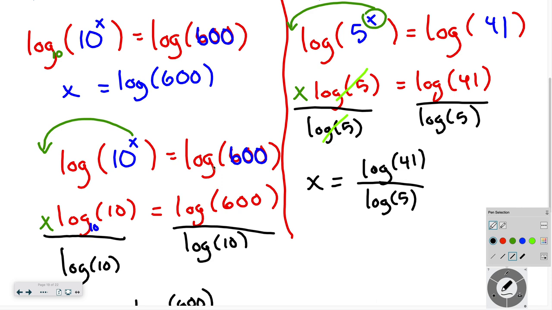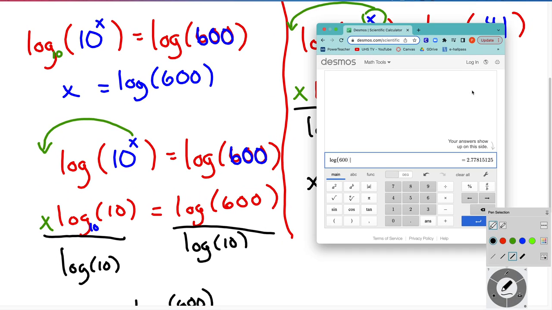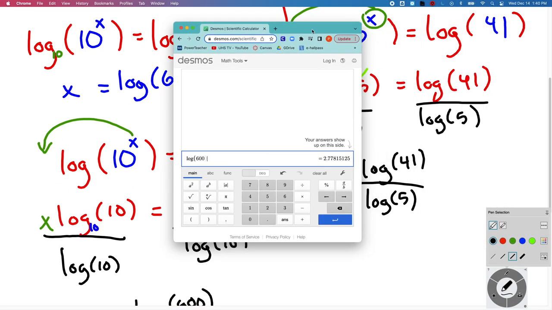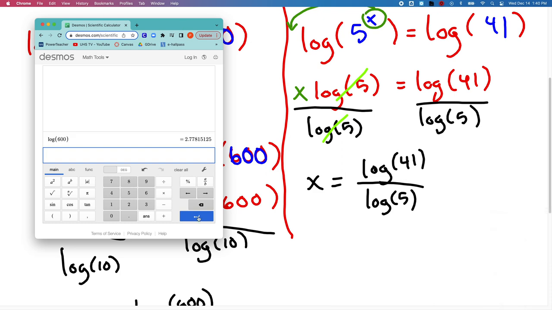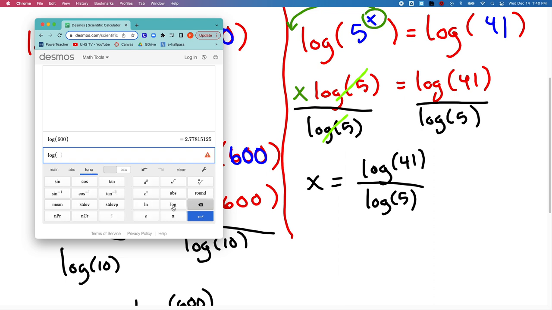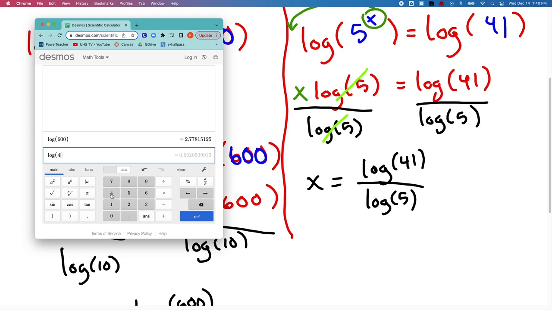And if I wanted to approximate this, I have to put it in my calculator, right? So what we're going to do here, hoping it's recording the calculator, is go to my next line here. So I go to my log, right? So log of 41. Make sure my group is closed, right? And then you want to hit the divide button.